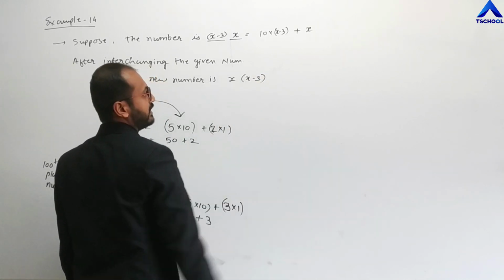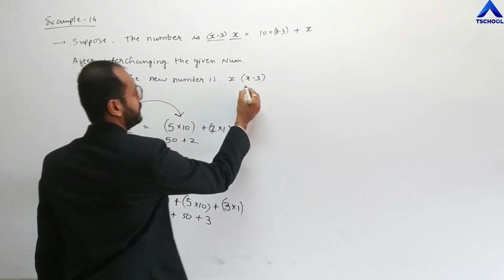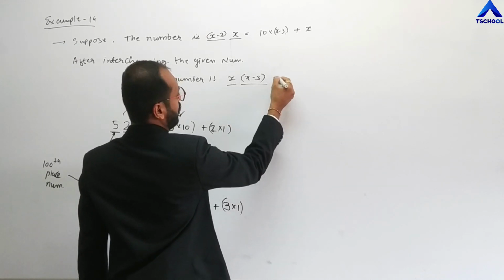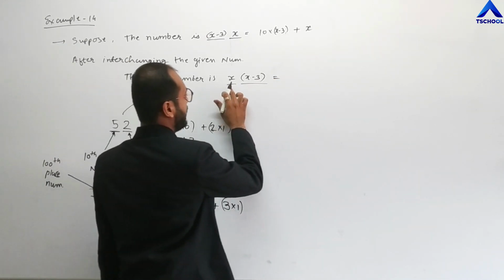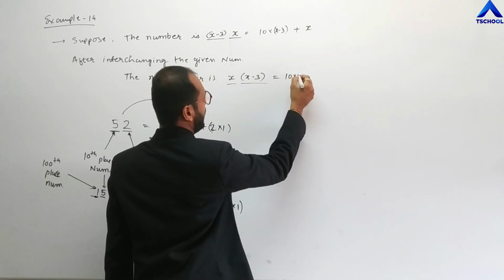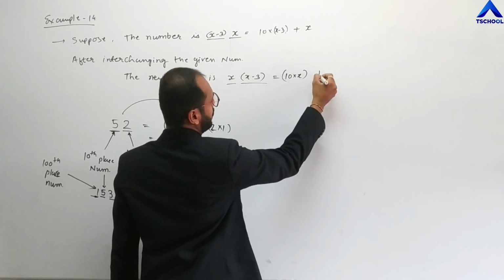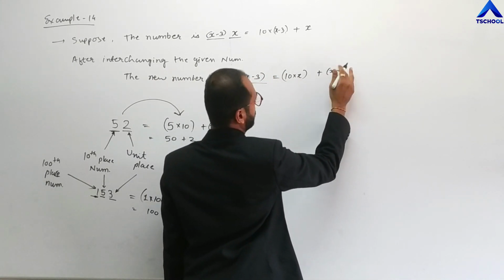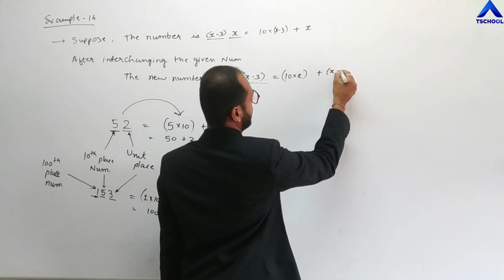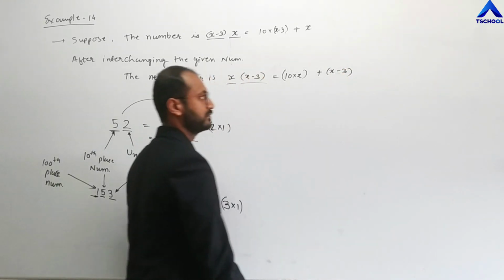This is a two-digit number. Now let me convert this number into its expression form. x is at the 10th place, so 10 multiplied by x, plus x minus 3 at the unit place.